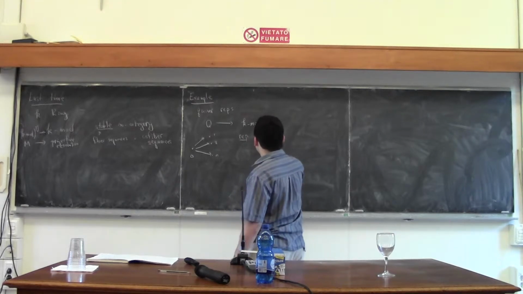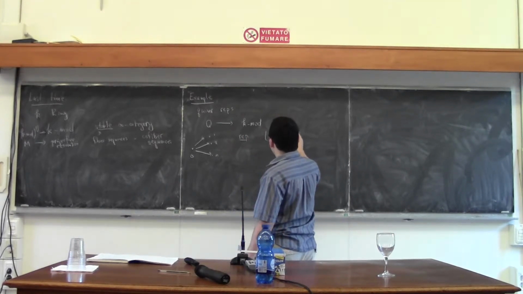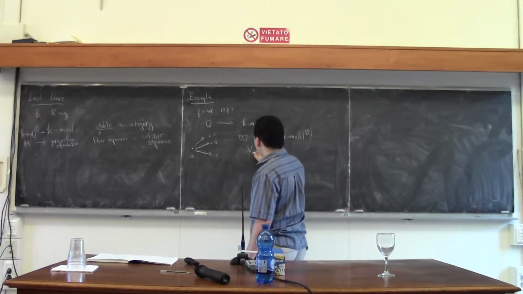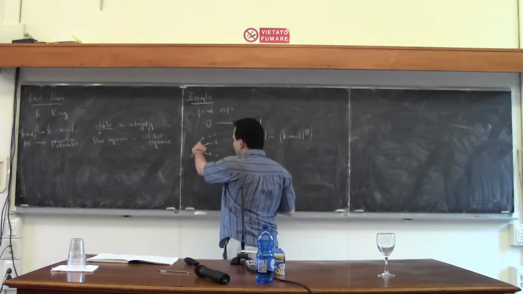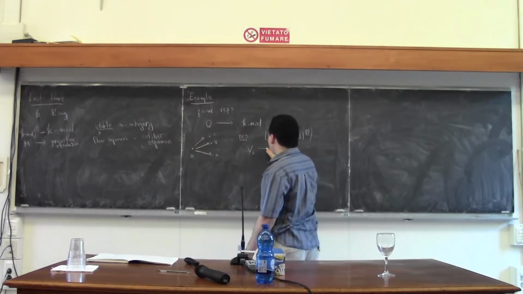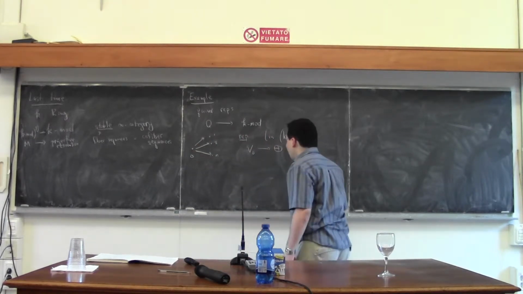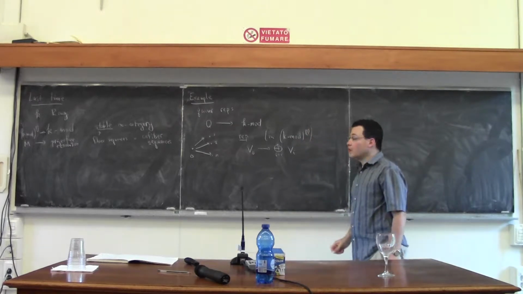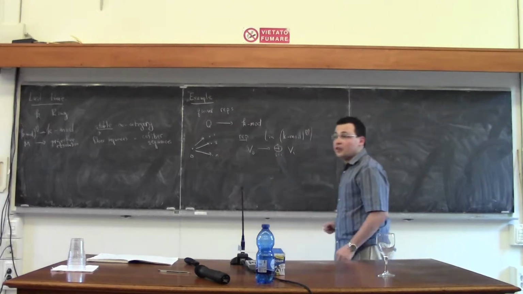Let's first do this in the non-derived world. To each node we associate a vector space, so it's just a diagram like this: V0 mapping to the direct sum from i equals 1 to n of Vi, where Vi is what we associate to the ith node.